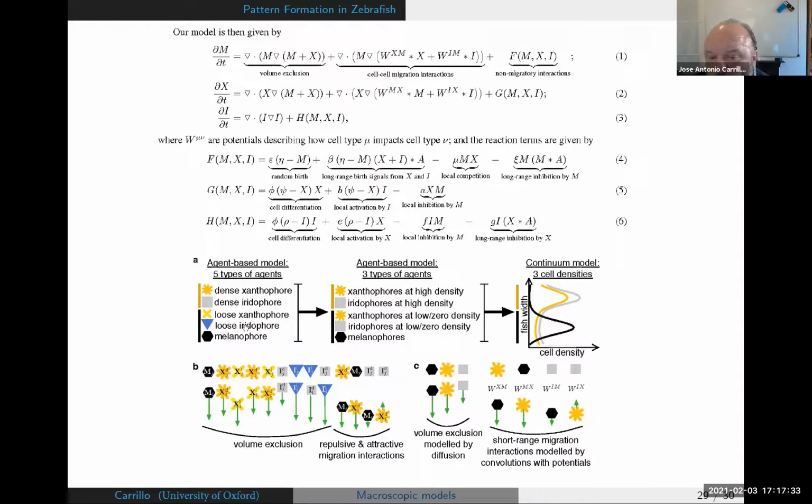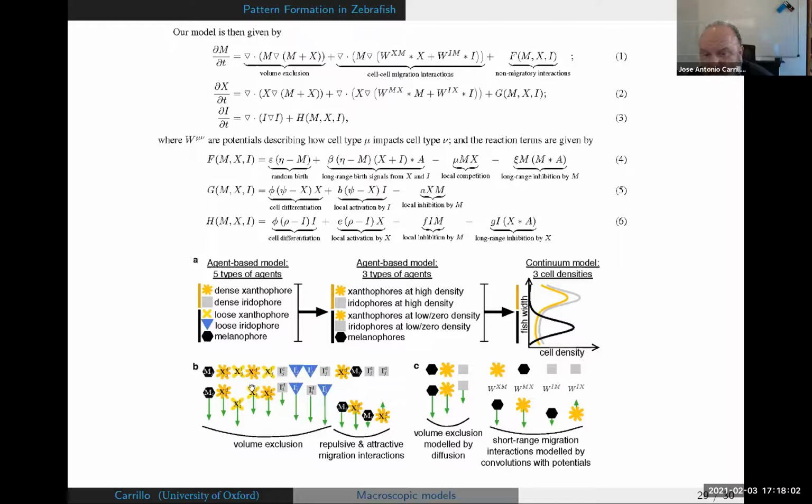They are different types of the same cell, but we were considering them as different members of the family, because depending on the phase in which they are, their role in the formation of the pattern of the zebrafish is different. This has been identified in the last 5-6 years by these groups of biologists that we are collaborating with.